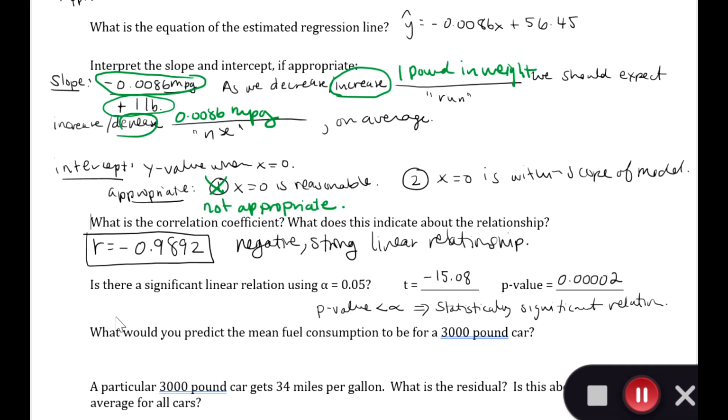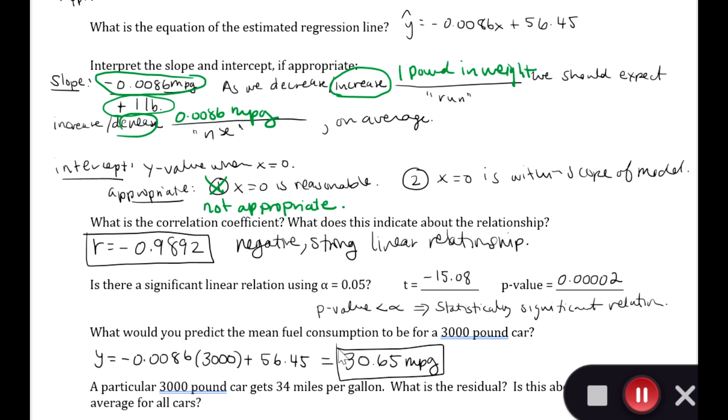So we're just going to plug in y equals, we're going to plug in 3,000 for our weight because our x is our weight, and add 56.45. When you go through and you get that, you get 30.65 miles per gallon.